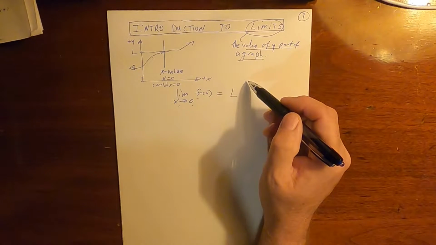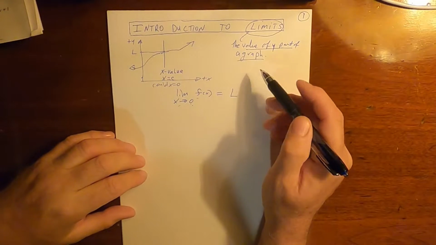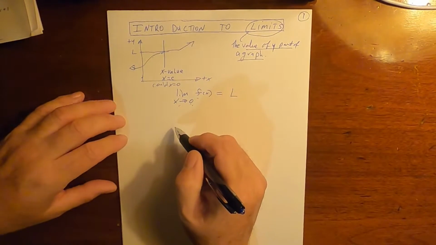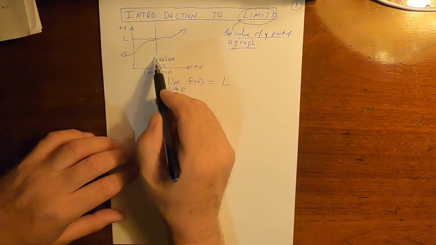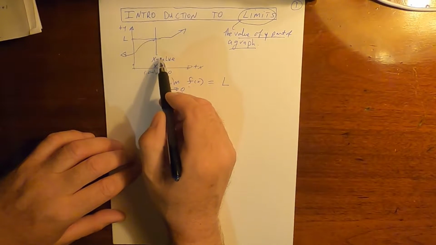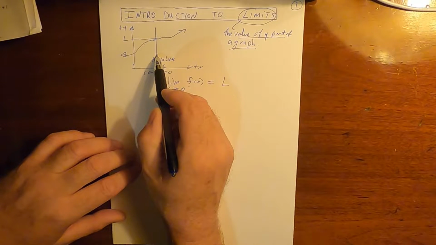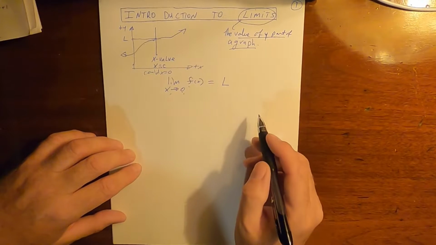All right, so the fun part about limits is that we get closer and closer to this x equals c value, some number, but we never actually get there.